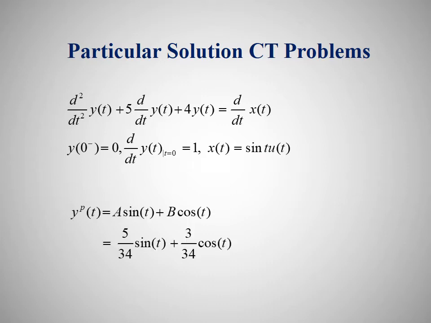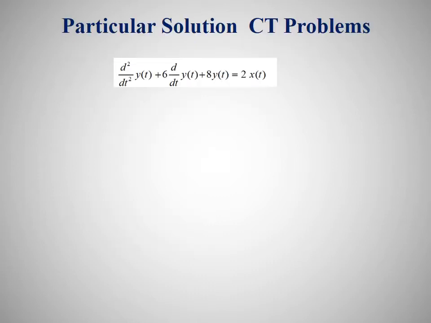On solving this, the particular solution is of the form a sin t plus b cos t. The solution is obtained as 5 by 34 sin t plus 3 by 34 cos t. This solution will be considered for solving the complete solution.